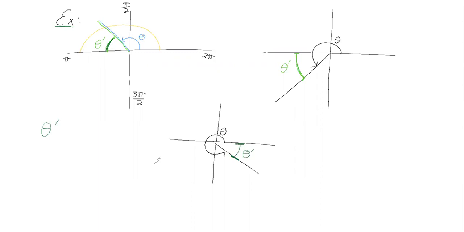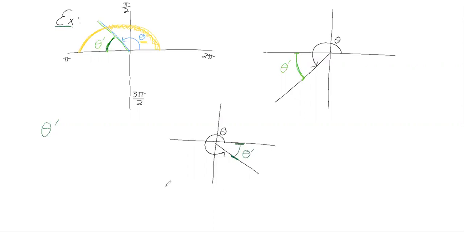But I could find this angle theta prime by starting with the 180 and taking off this much, and I'll be left with this amount. Taking off this much is taking off theta. So it's 180, but take off this amount, which is theta.